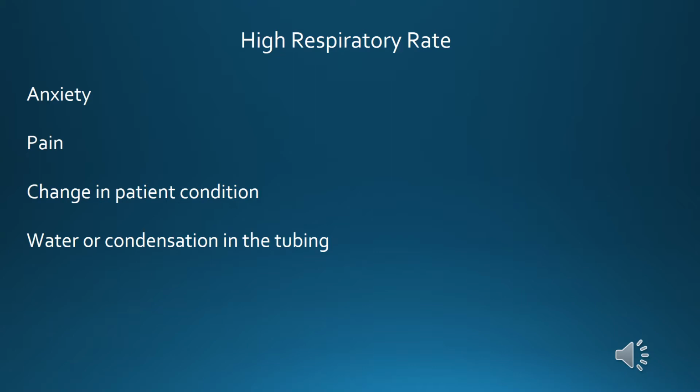That's typically where the limit is set. Other things that can trigger it out of the blue are just an increase in pain, or a change in patient condition. If somebody got a pneumothorax, for instance, you're probably going to experience a high respiratory rate alarm and a high pressure alarm. That's where things can get tricky, figuring out what's going on.